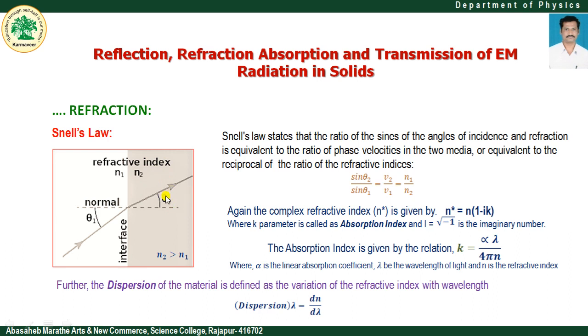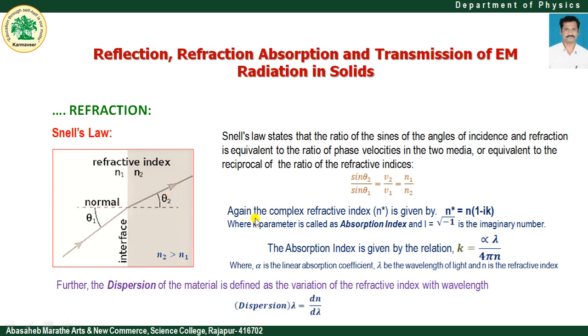The beam traveling through material 1 is reflected rather than transmitted if the angle of refraction becomes 90 degrees.